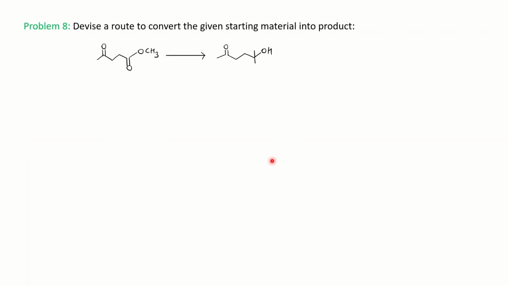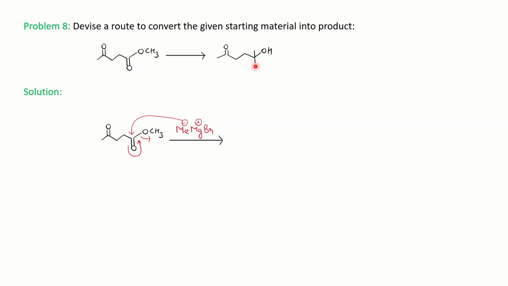This is the last problem, where we have to design this molecule using this as a starting material. You have an ester functional group. How do we convert this ester into this alcohol part having two methyl groups? We know we can use a Grignard reagent.